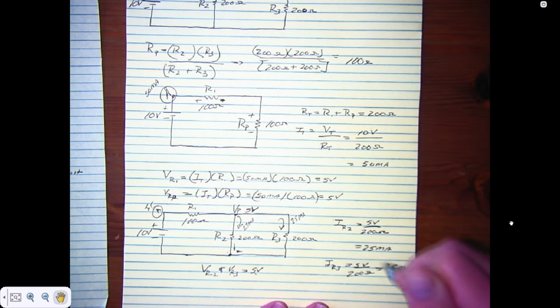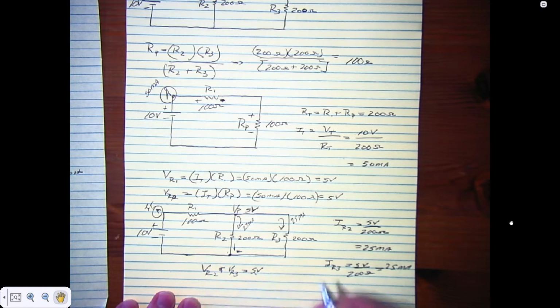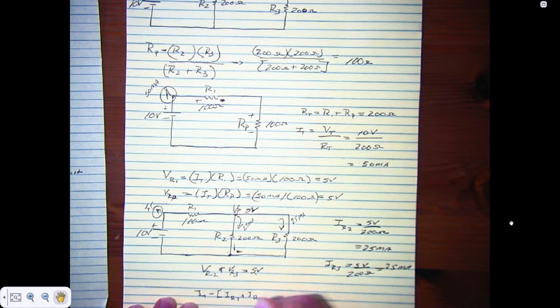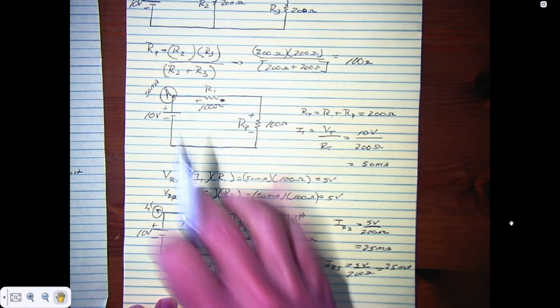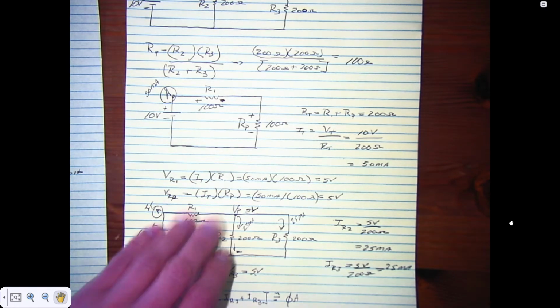Using Kirchhoff's current law, if I take I total minus the sum of IR2 plus IR3, I should get approximately 0. So 25 plus 25 is 50, and 50 minus 50 is 0 amps. So all of our answers do correspond to what we should have.